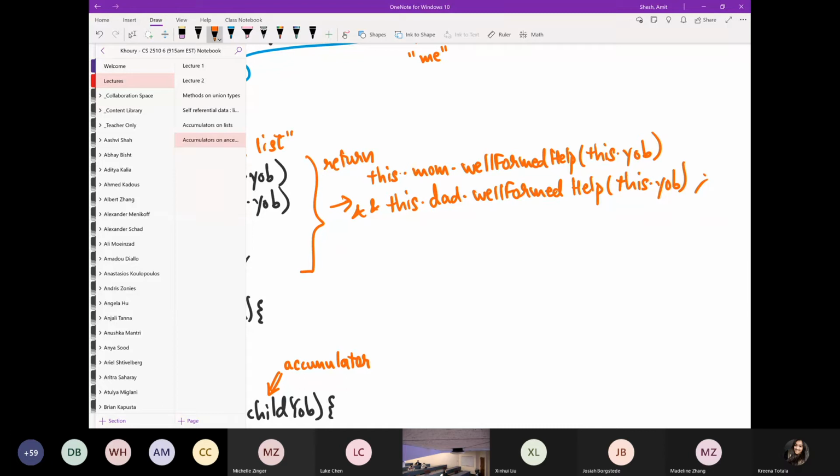Okay? You don't need to remember these little program details, which function calls when. Always go back to the purpose. This tree is well-formed if my mom's tree is well-formed, given my year of birth, and my dad's tree is well-formed, given my year of birth. Once you come to that conclusion, the code will follow.